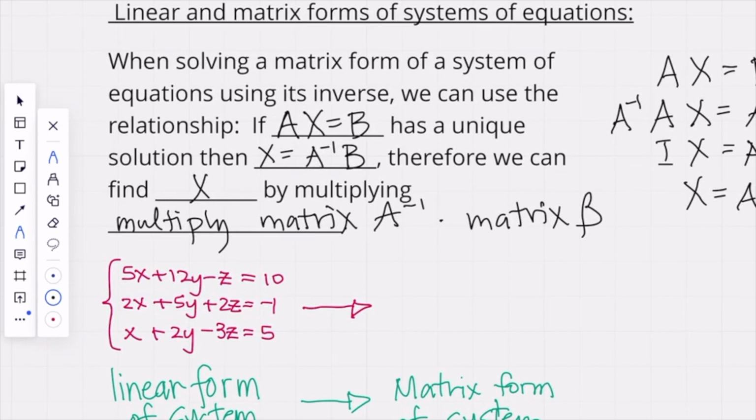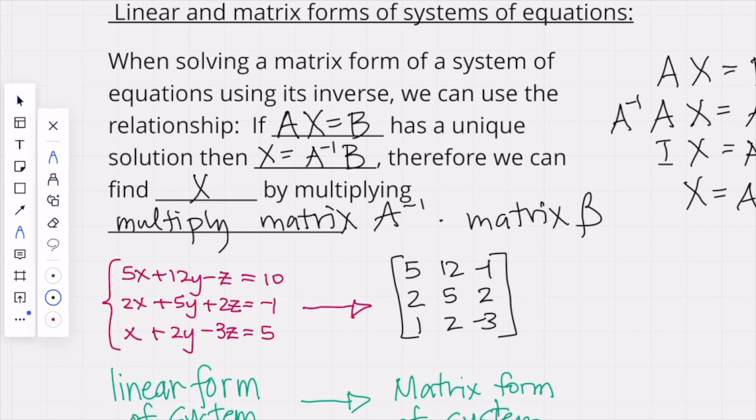On the left here, I've got the linear form of my system, and I want to first write it as the matrix form of the system. I'm going to start by creating a coefficient matrix. This is not an augmented matrix, just the coefficient matrix of the variables. So I'm going to have 5, 2, 1 as the first column, 12, 5, 2 as the second column, -1, 2, -3 as the third column.